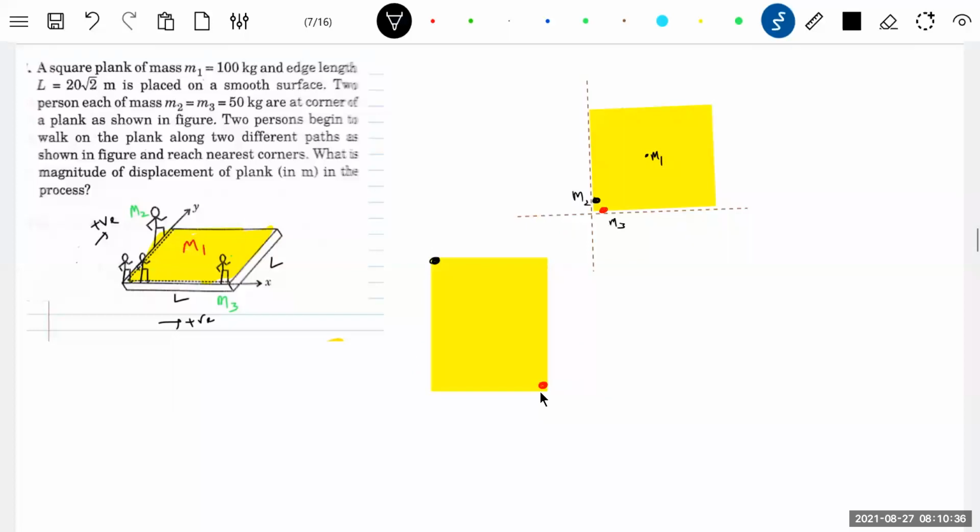How to get that x displacement? You can see the x displacement and y displacement. So this will be the x displacement. This will be the y displacement. That has to be calculated. So here M2, this M3.